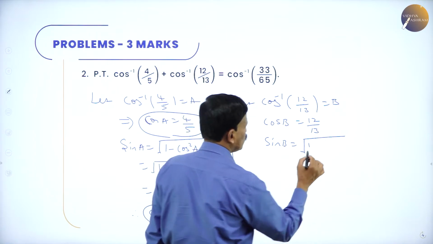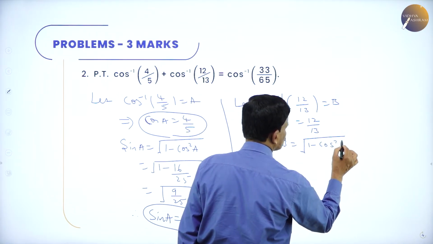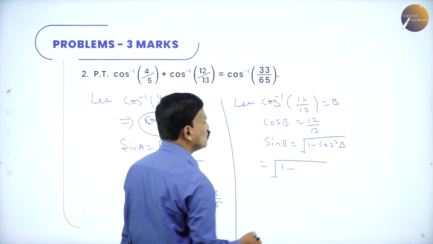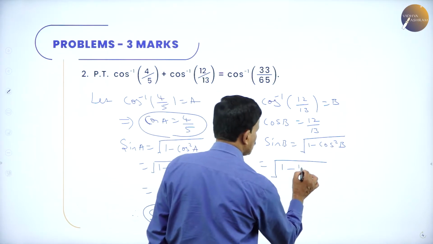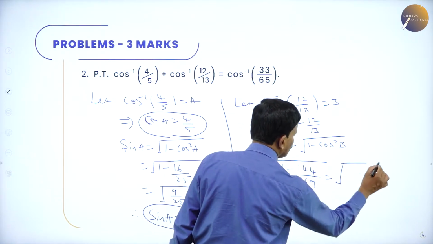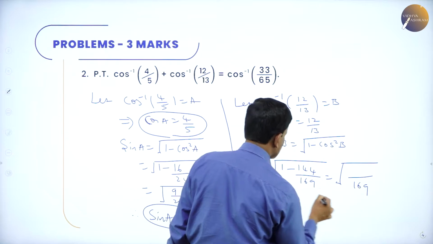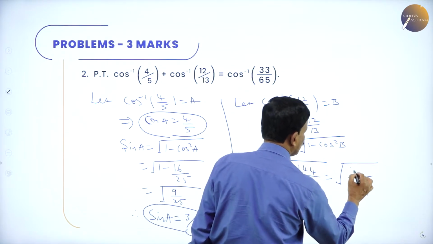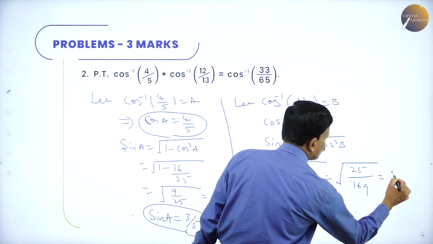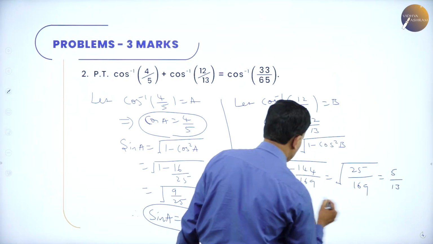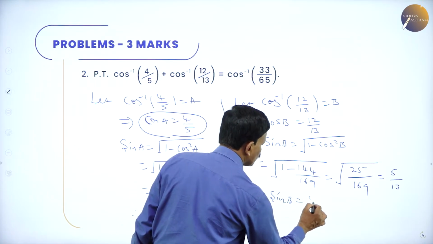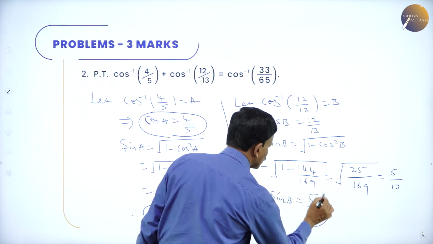Sin b is equal to root of 1 minus cos square b, so this is root of 1 minus 12 by 13 whole square. 12 square is 144 divided by 13 square is 169. Take LCM, 169 minus 144 is 25. So this can be written as 5 divided by 13. Therefore the value of sin b is equal to 5 divided by 13.